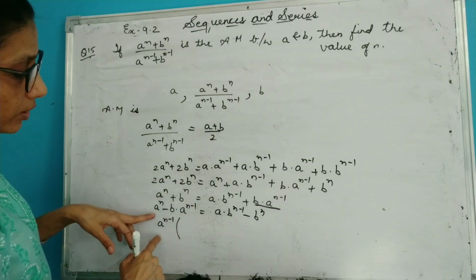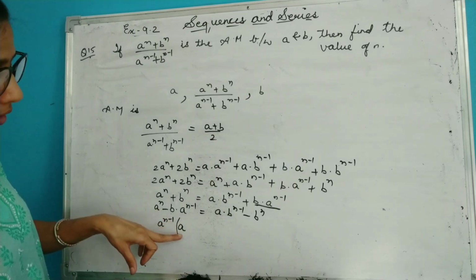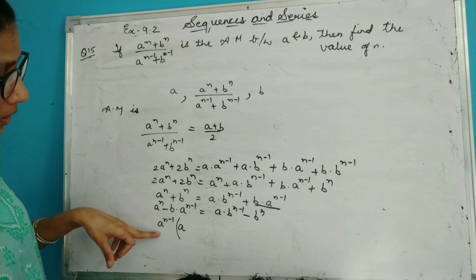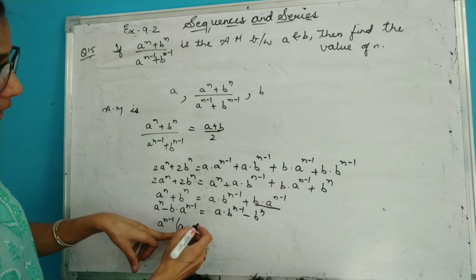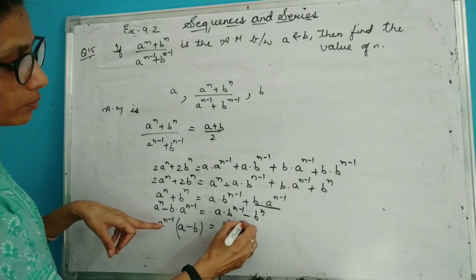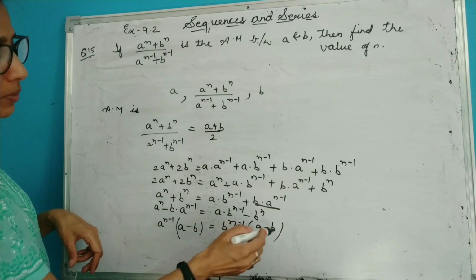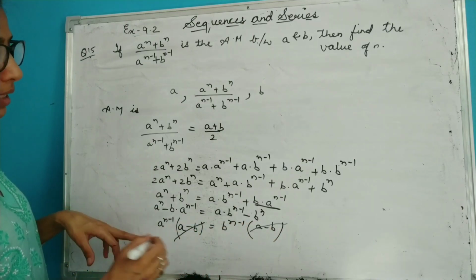So I have taken this out and here I will be left with just a minus b. Here again taking b raised to power n minus 1 common, I will be getting a minus b. So a minus b and a minus b are gone.